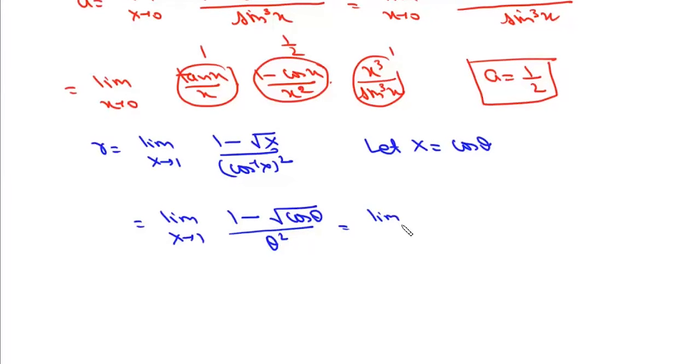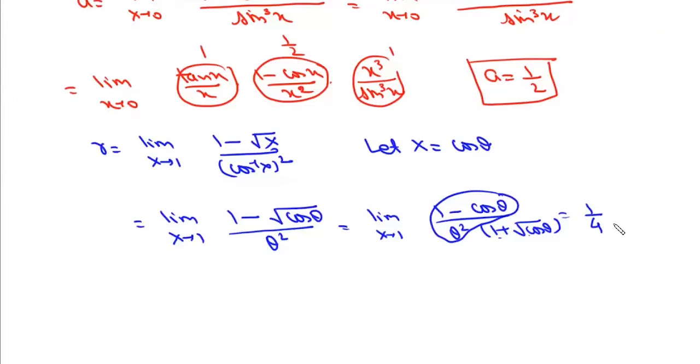We'll write this as limit, and if we rationalize, we will write 1 minus cos theta upon theta square into under root of 1 plus cos theta. Now this is 1 by 2 and this is also 2. So value of r is 1 by 4.